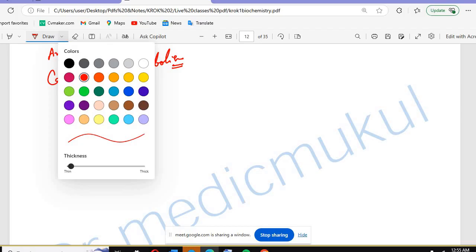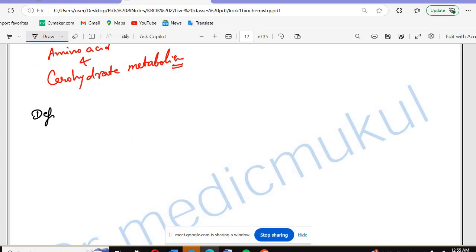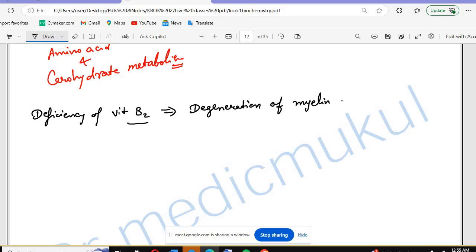If we have deficiency of vitamin B2, what will it cause?